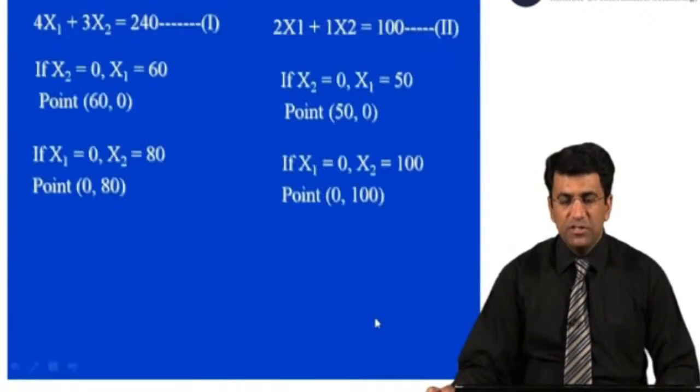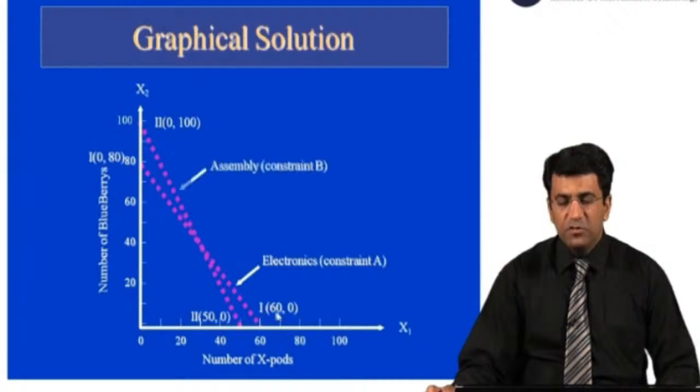Now these points we just calculated. For equation 1, the points are 60, 0 and 0, 80. Now if we draw these points on the graph, this is the point 60 and 0. It means that when x1 is equal to 60, x2 will be 0. Now on this line, this is the value of x1 equal to 60, and on this x-axis the value of y is 0, that is the value of x2 is 0 actually.